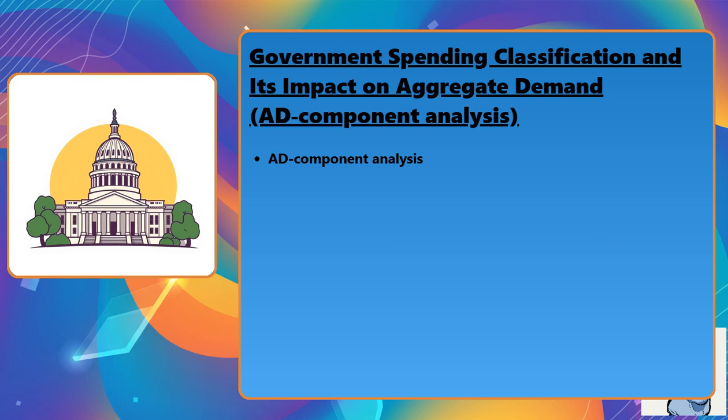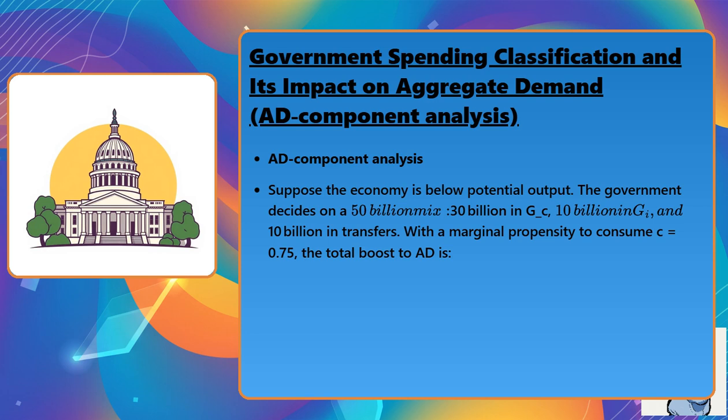AD component analysis. Suppose the economy is below potential output. The government decides on a $50 billion mix: $30 billion in G sub C, $10 billion in G sub I, and $10 billion in transfers. With a marginal propensity to consume c equals 0.75, the total boost to aggregate demand is: direct effect of G sub C equals $30 billion.